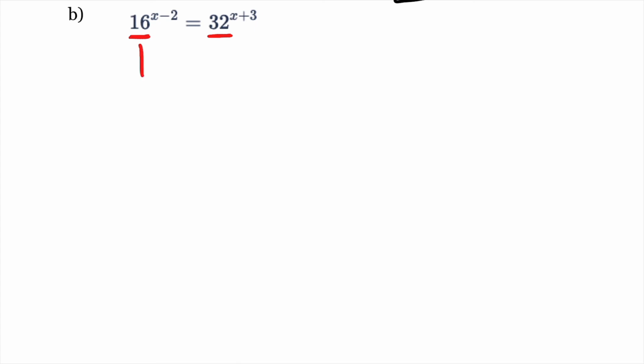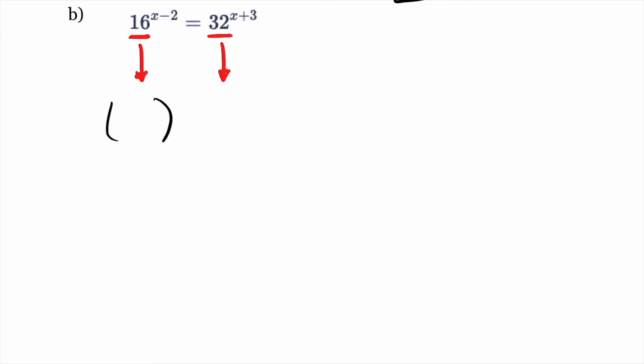So the first step I have to do is figure out what base they have in common. Now again, I'm not talking about a GCF. A lot of people say, I've heard this a lot, 16. 16 to the first power makes 16, but does 16 to any power make 32? It's way too big. So it's not going to be 16.